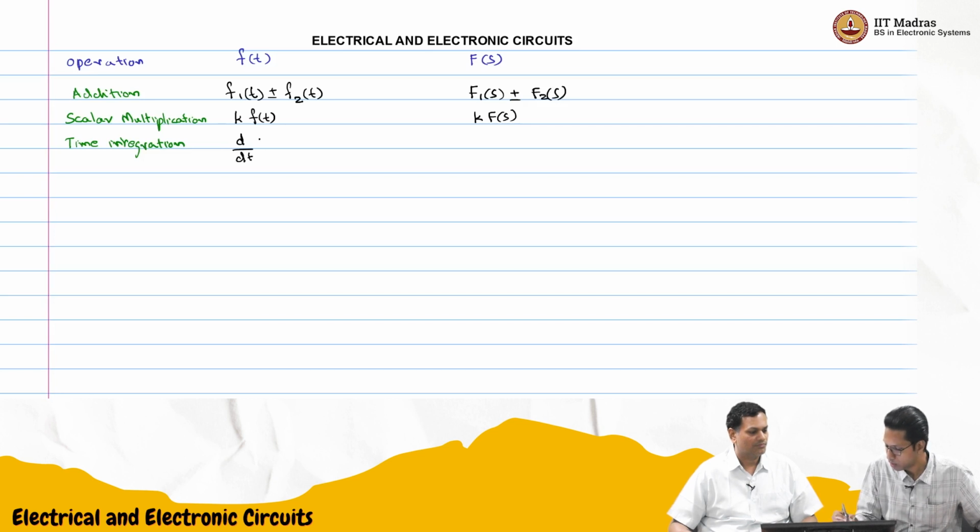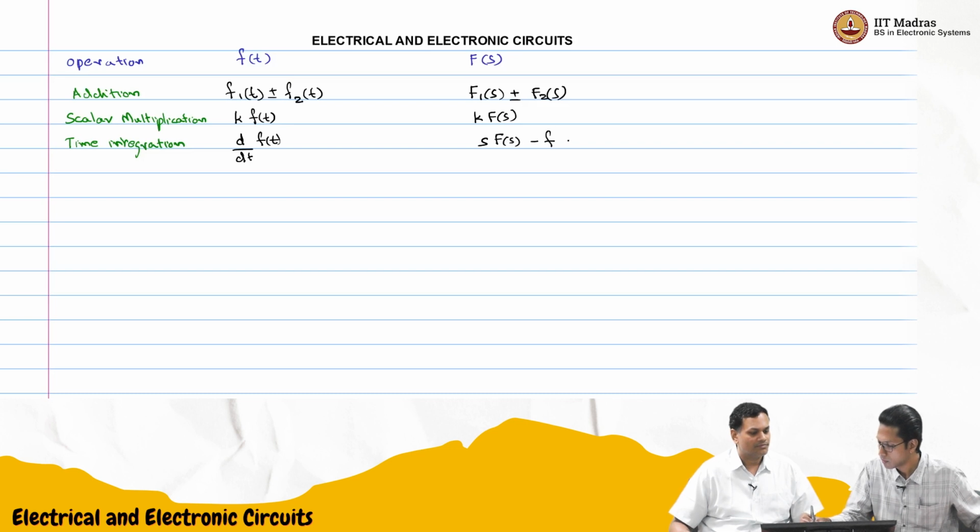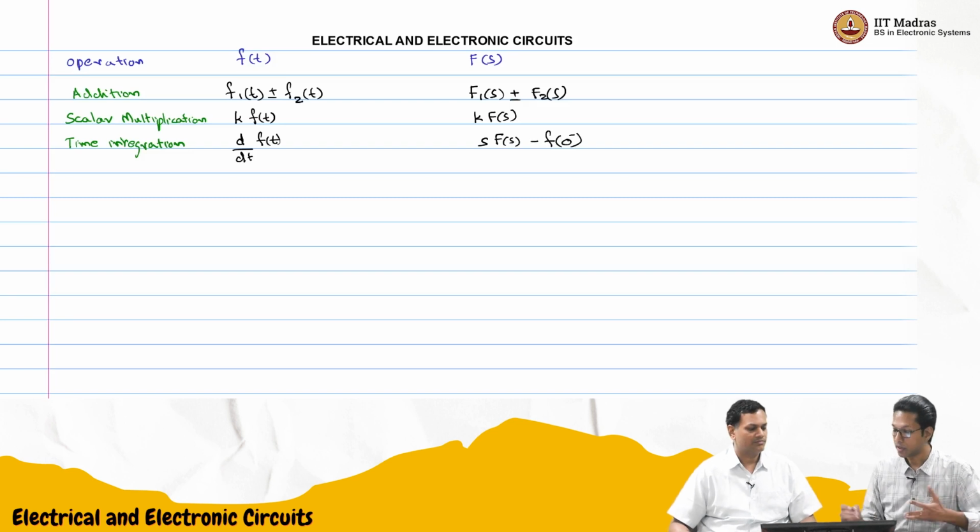Just d by dt of f of t. This we did in the previous class. So it was s F of s minus f of 0 minus. In fact, if students want, they can also think about what d square f of t by dt square is.